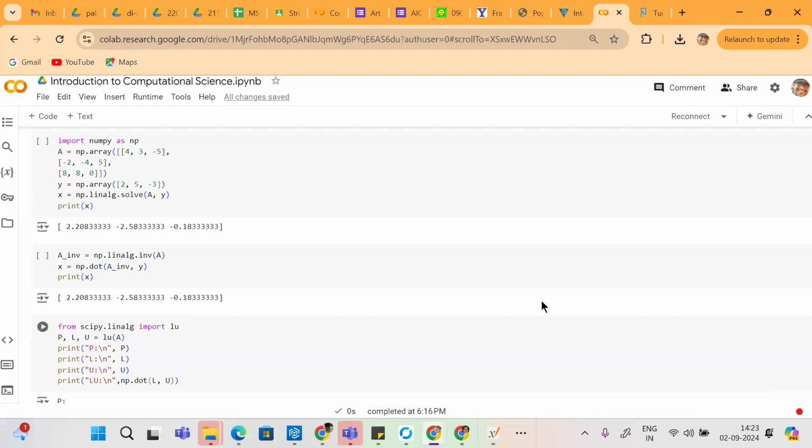So you can see over here, A matrix is given, Y vector is given. Now x is equal to np.linalg.solve of A and Y. You just give the input A and Y: A, the coefficient matrix, and Y, the right hand side vector of the equal to sign.